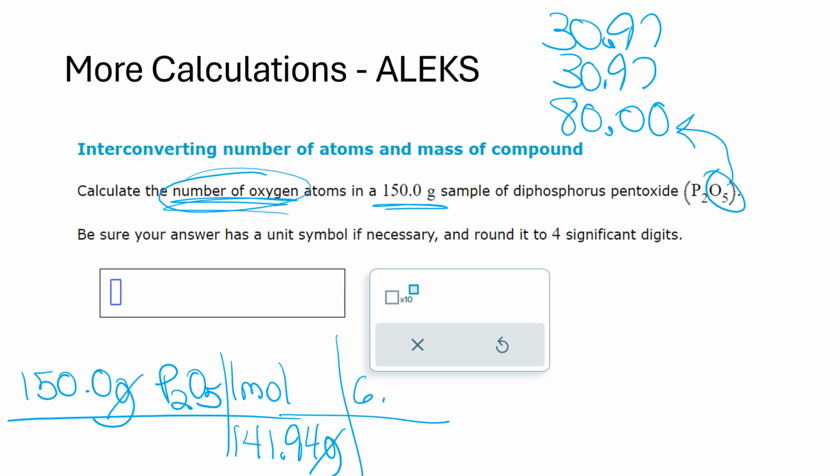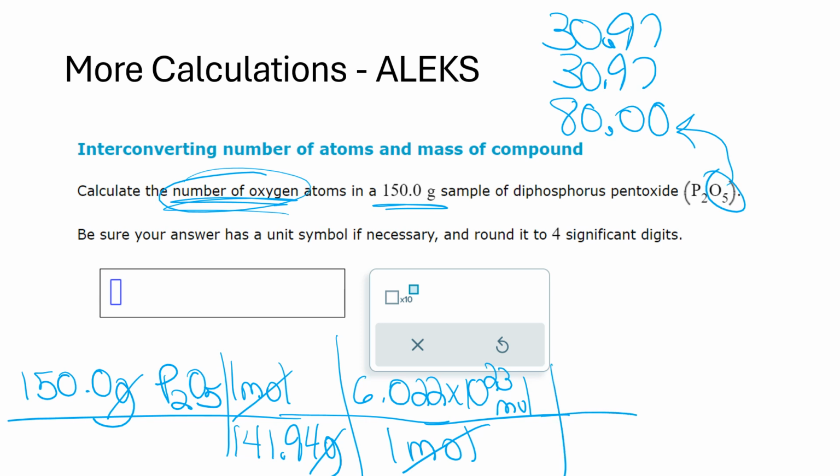There is 6.022 times 10 to the 23rd molecules in 1 mole. Which, if you're confused at this point, go back to the molar map. To go from grams to moles, you divide by molar mass. To go from moles to number, you multiply by Avogadro's number, 6.022 times 10 to the 23rd.